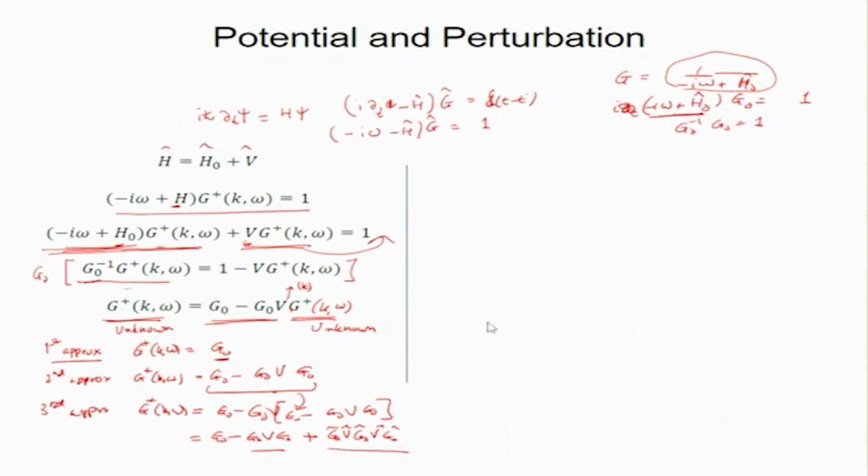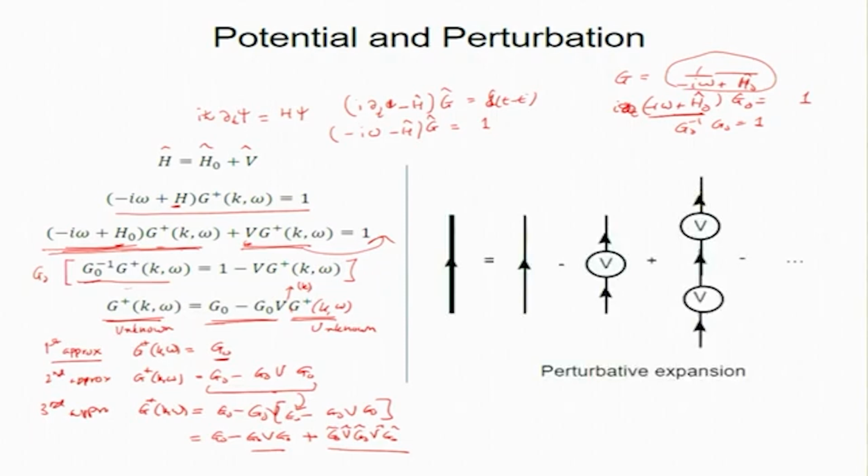Okay. So, this we write in terms of Feynman diagrams. So, this is the diagram. This is the full Green's function. Okay, this is the full G plus, this is G naught. So, the bold line, this thick line is the full Green's function, but then we have G naught which is the thin line. Okay. So, this I already know how to compute. Then there is a minus G naught V G naught.